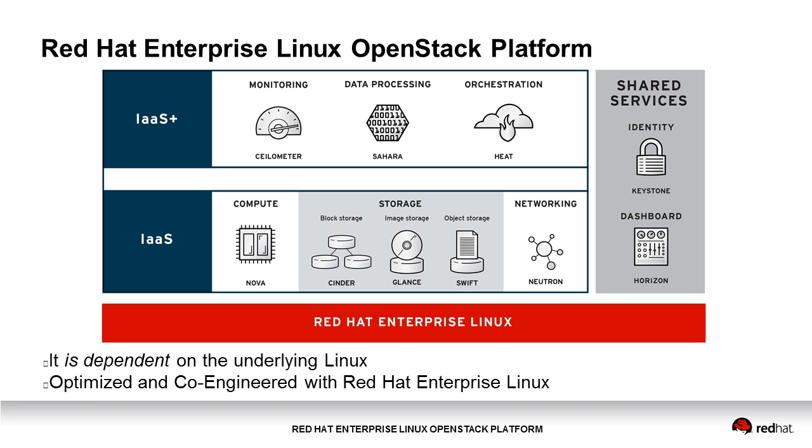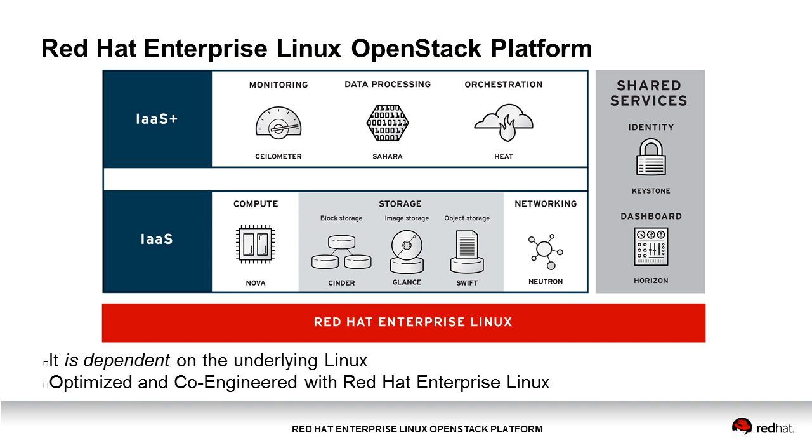Then you've got the more advanced, sometimes optional pieces: Ceilometer for your monitoring, Sahara for data processing, and Heat for orchestration. Along the side, you've got Keystone and the Horizon dashboard. They allow you to do quite a lot of things. Underneath it all is, of course, Linux.